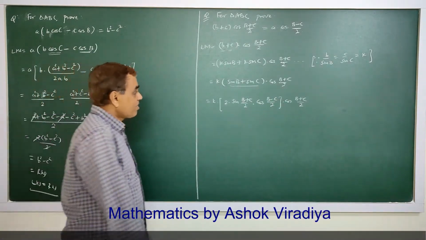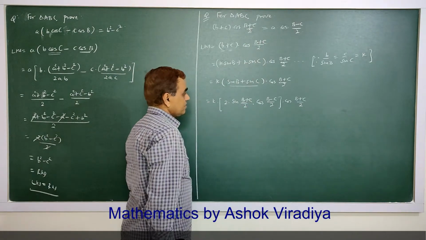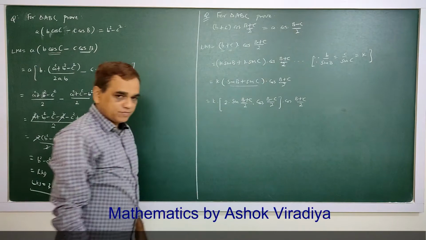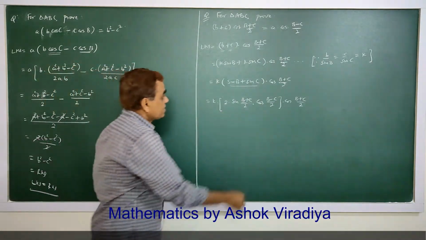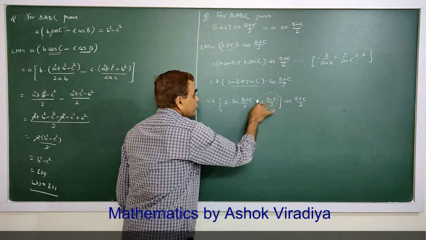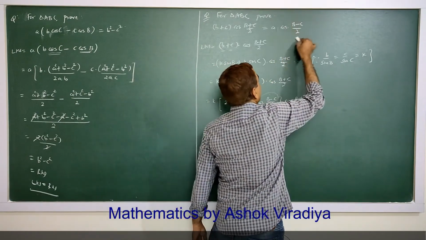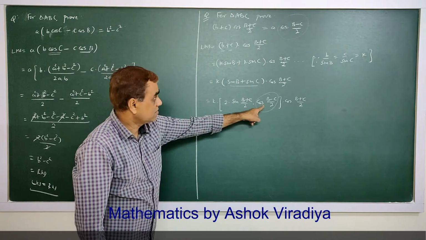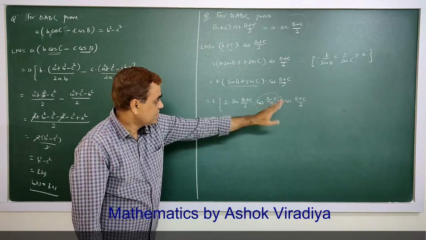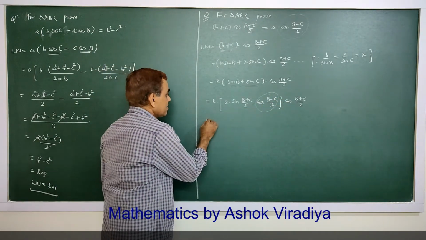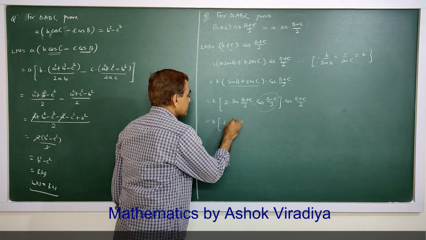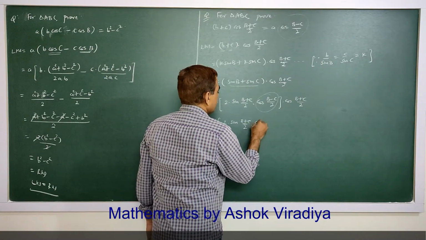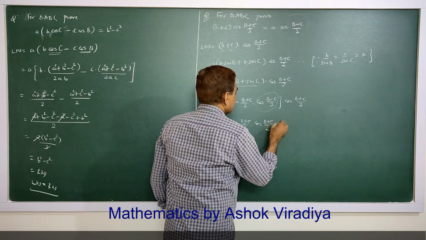Now see, observe RHS. RHS is a into cos((B − C)/2). So this product cos((B − C)/2) is visible, which is a part of the requirement. So now do not disturb this term. So this term I am keeping inside. So k into 2 times sin((B + C)/2) into cos((B + C)/2).